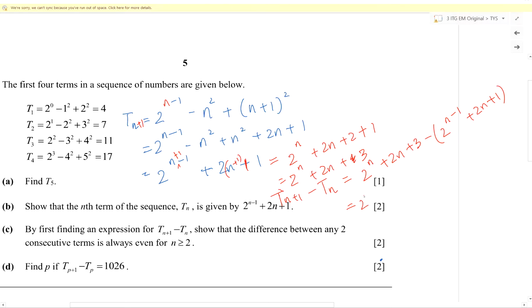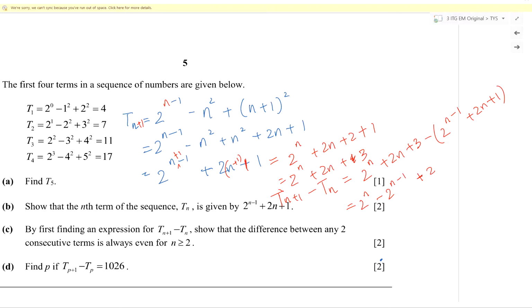We have 2 power n minus 2 power n minus 1, 2n minus 2n, no more. Can see that? 2n minus 2n, then 3 minus 1. 3 minus 1 is 2. This is my expression for Tn plus 1 minus Tn so far.